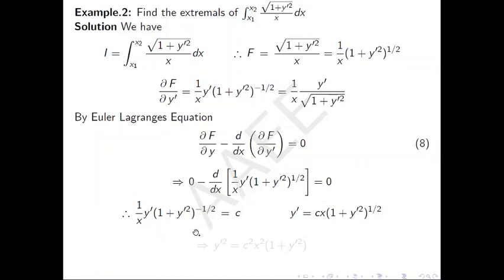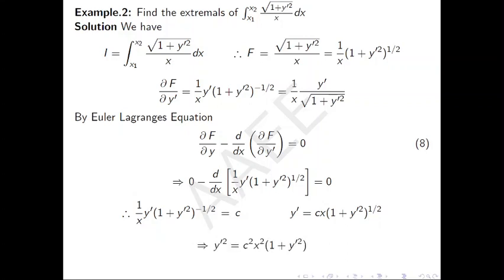So after integration with respect to x, we get 1 by x times y dash times (1 plus y dash square) raised to minus 1 by 2 is equal to c. Taking x to the other side, this will be cx, and by the law of indices, this term goes to the right-hand side as (1 plus y dash square) raised to 1 by 2.